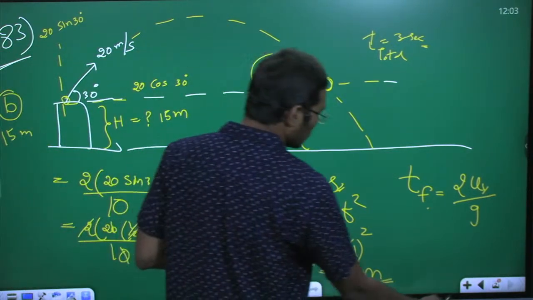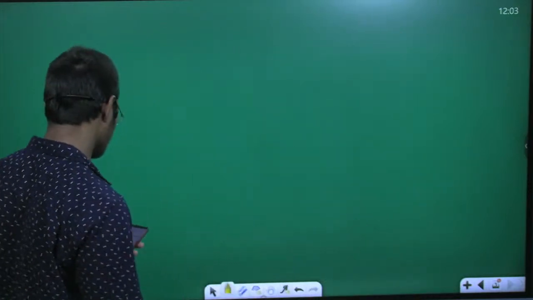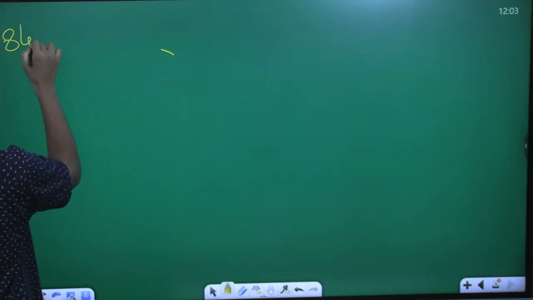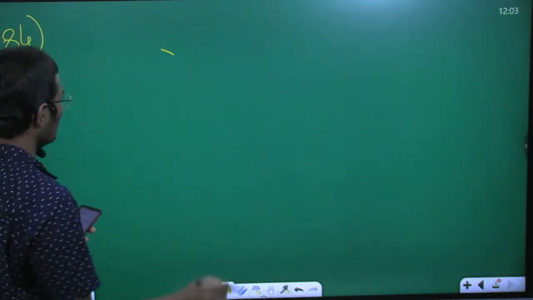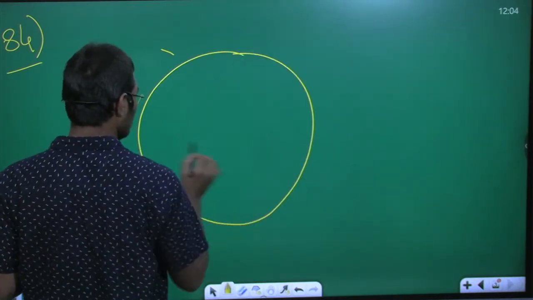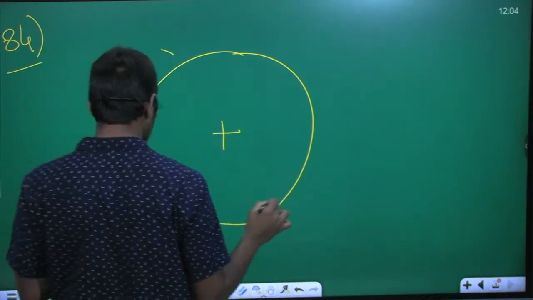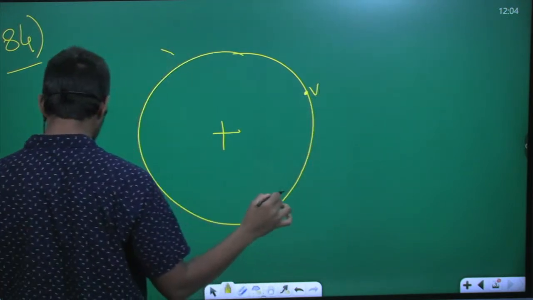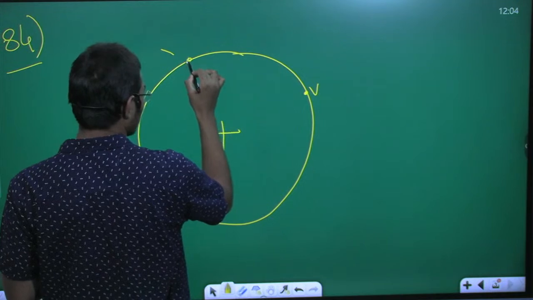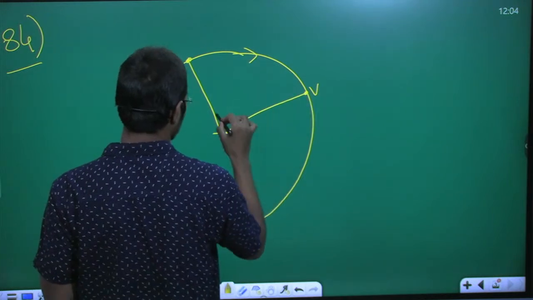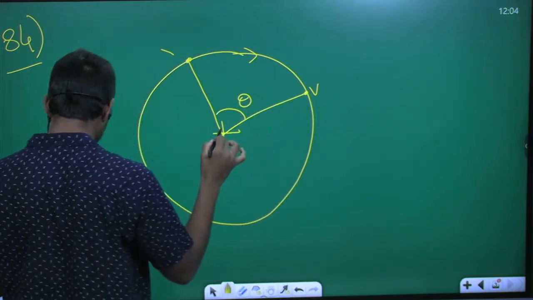Let's try to do another problem from the same kinematics topic. That is question number 84. It says that a particle is moving in a circular path with a constant speed v, and it makes an angle theta.